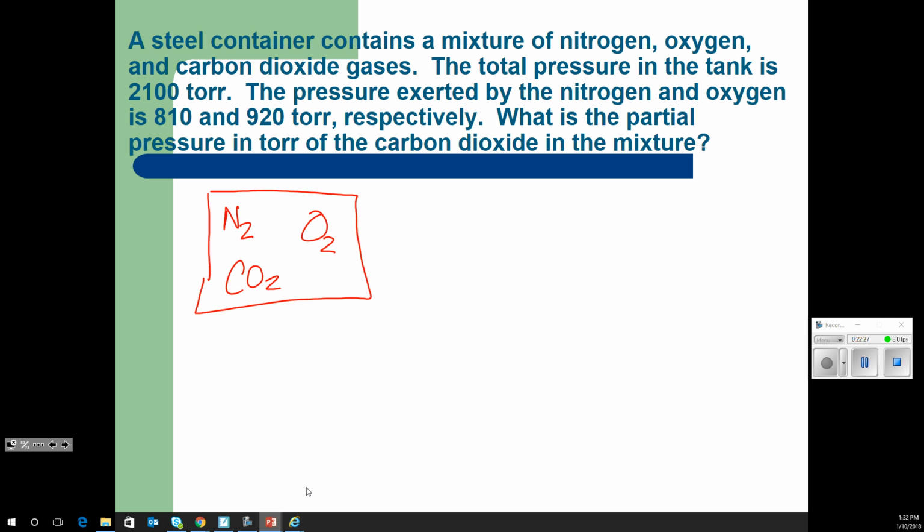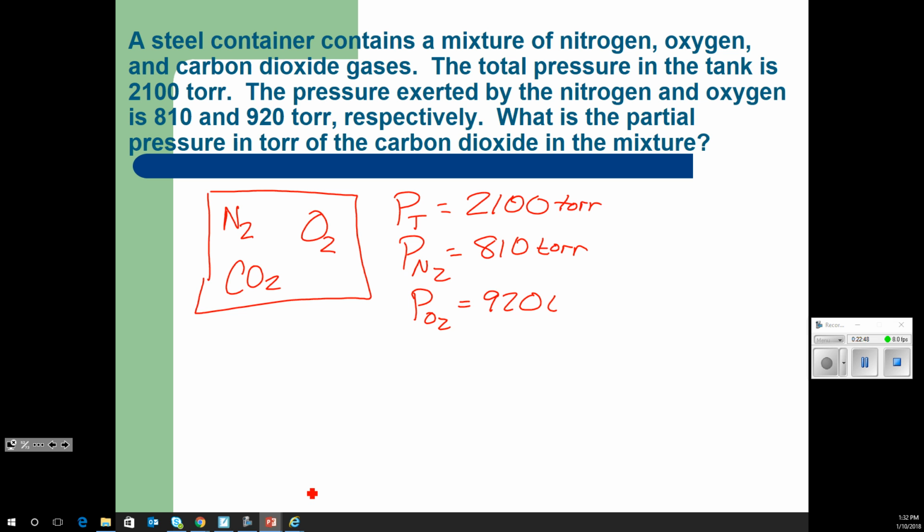The total pressure, PT, in the tank is 2,100 torr. The pressure exerted by nitrogen is 810 torr. By oxygen is 920 torr. And what is the partial pressure of CO2?